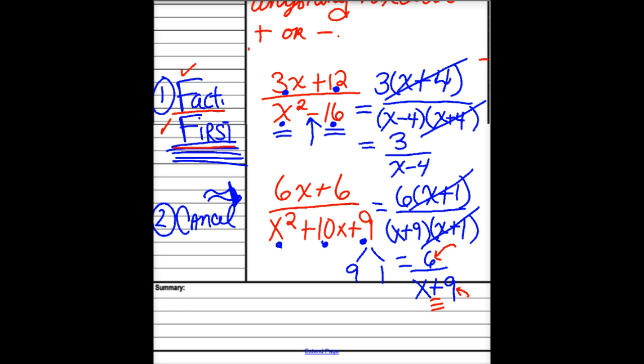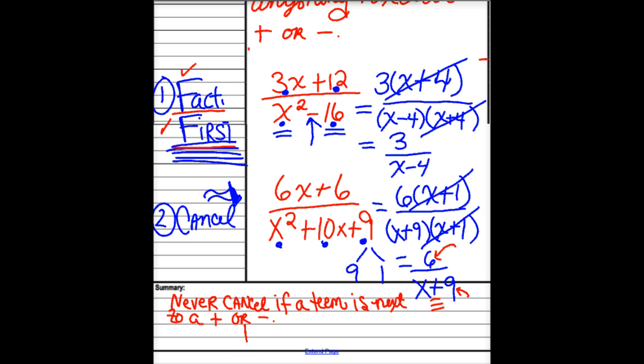First of all, make sure you never cancel if a term, a number or a variable, whatever, is next to a plus or minus.